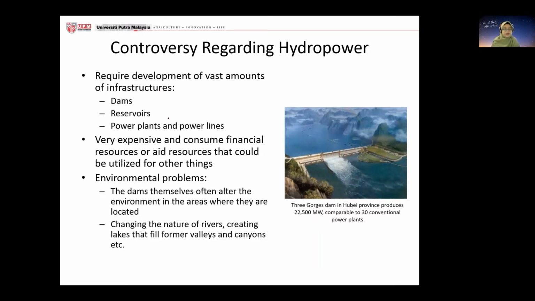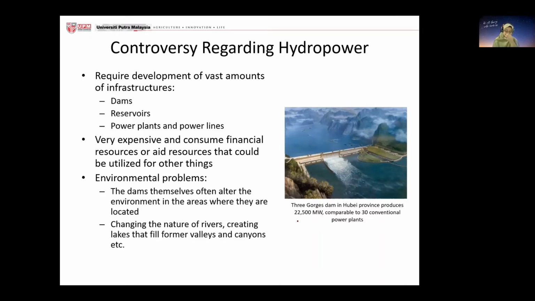In China, the Three Gorges Dam in Hubei province produces about 22,500 megawatts of electricity, comparable to 30 conventional power plants. Can you imagine that? The same capacity produced by just one dam.